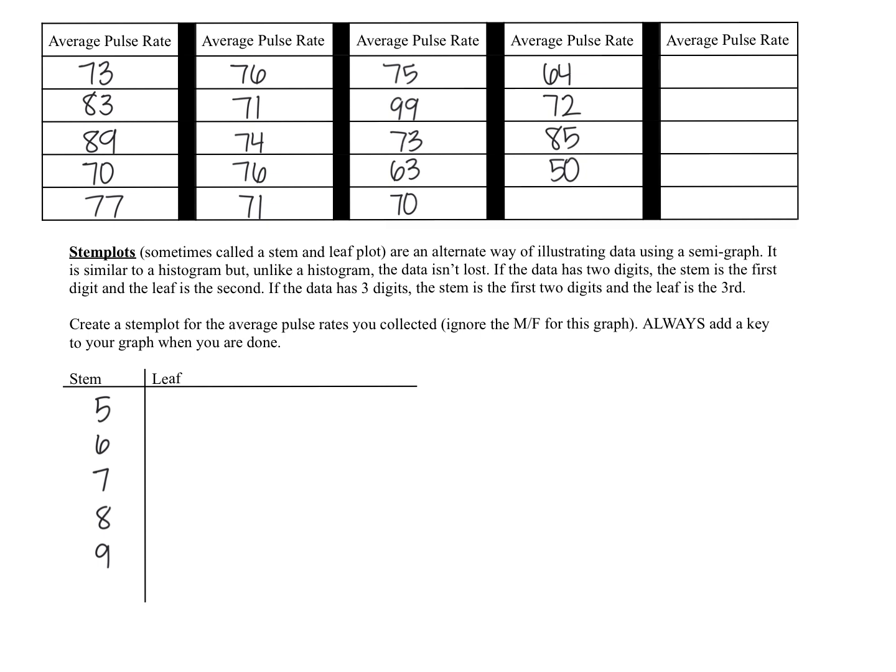If it happens that there isn't a number in one of those stems, you cannot skip it. So if there weren't anyone whose heart rate is in the 80s, I can't skip that and do 5, 6, 7, 9. I have to include it. There would just be no numbers written there. So similar to a histogram, where if there ends up being no numbers in a bin you can't skip it, same thing with a stem plot.